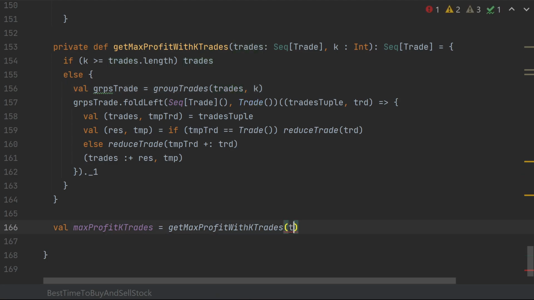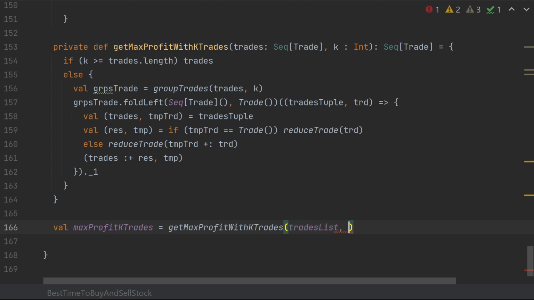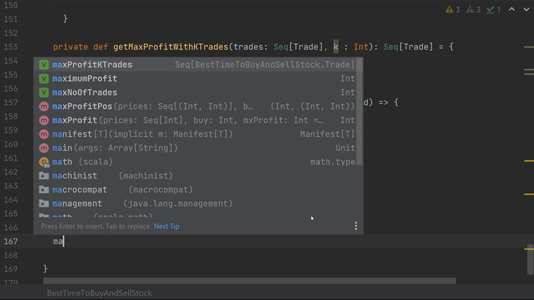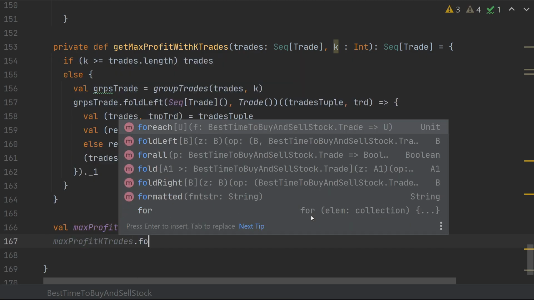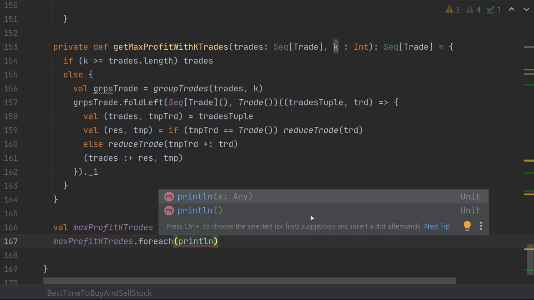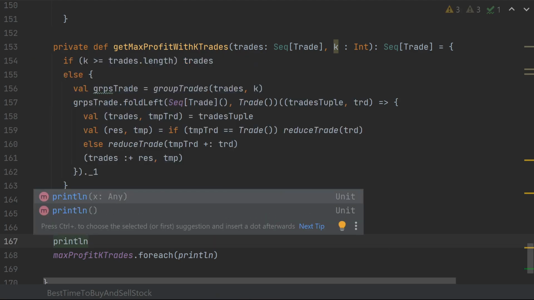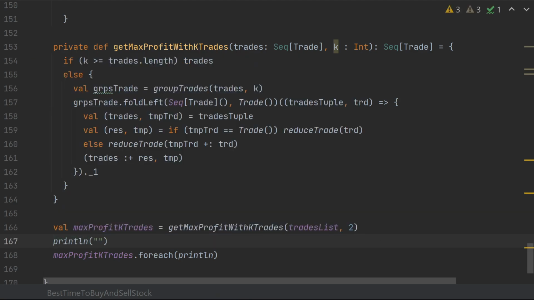So let's make it trades list, comma, we want to do it twice, and let's print it out, max profit k trade foreach println. All right, let's run this, and before that let's add some beauty to this. Okay, let's run this.